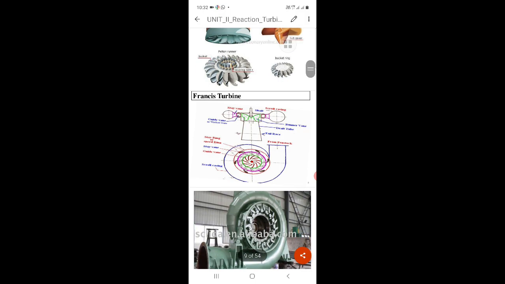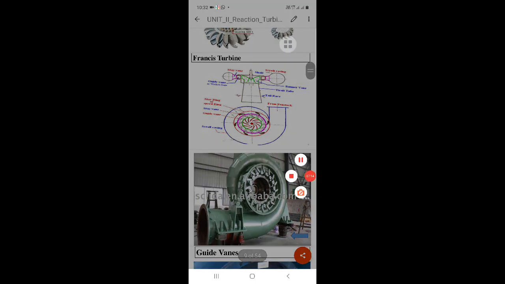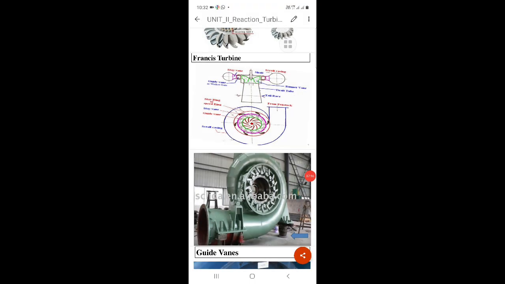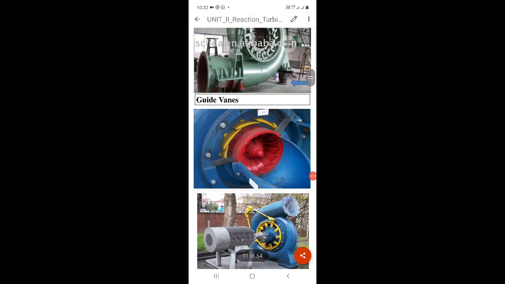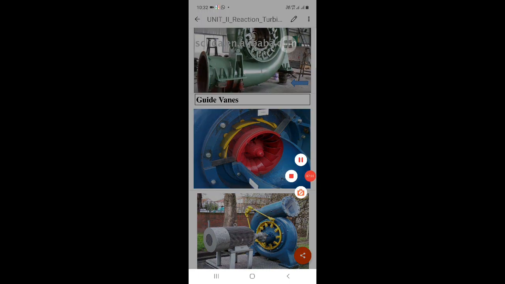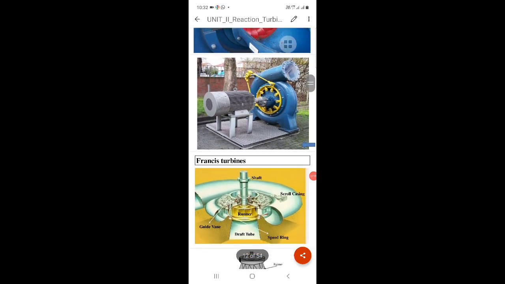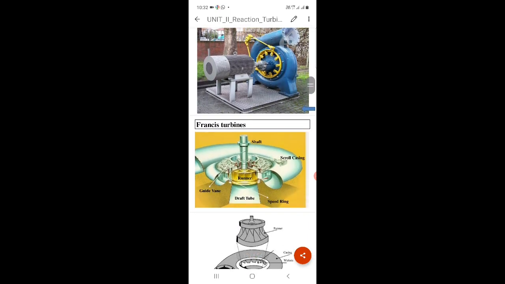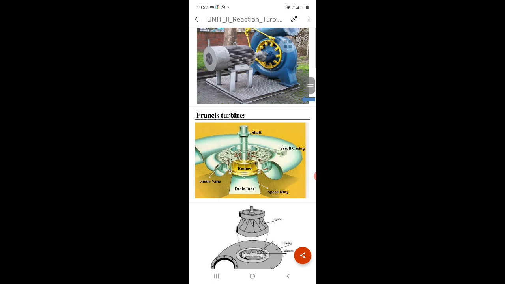Whenever it impacts on the runner, it increases the speed. So this is a runner of the Francis turbine, and this is a setup of the Francis turbine. Firstly, what is a Francis turbine? The figure shows how water enters the scroll casing, runner, draft tube, guide vanes and speed ring.